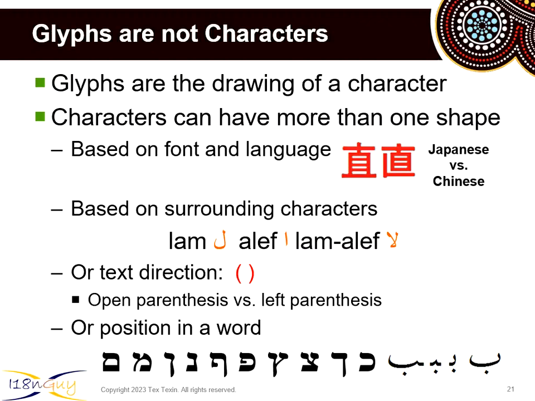So you would have this left parentheses as I've drawn here. If instead I'm going right to left, and I want to open up a parentheses because I'm beginning a parenthesized set of text or numbers, then because I'm going right to left, I might want this right parentheses first.